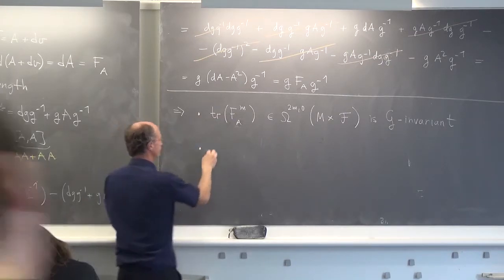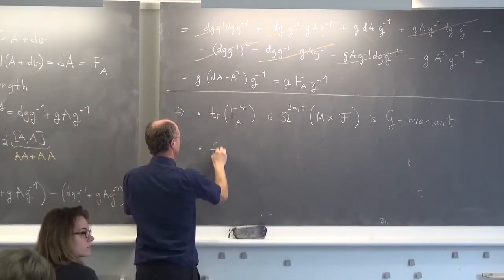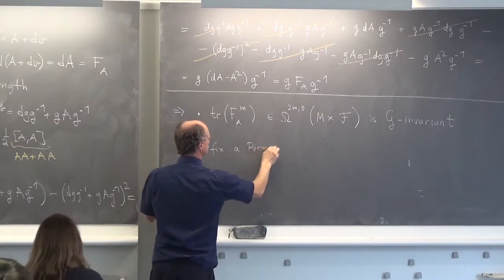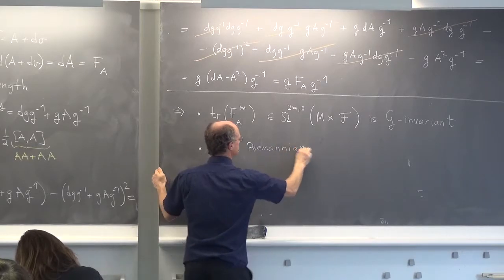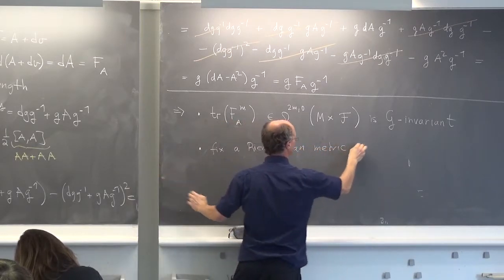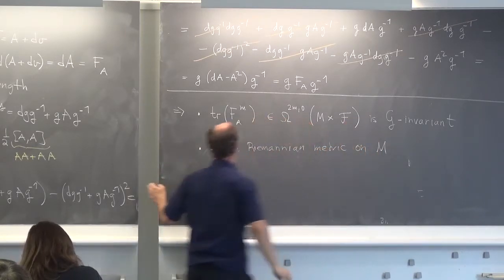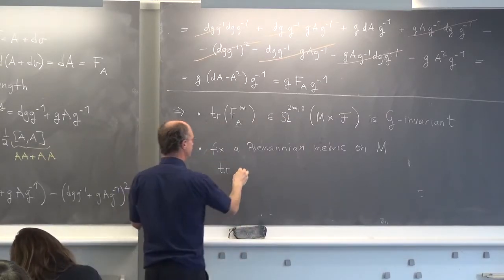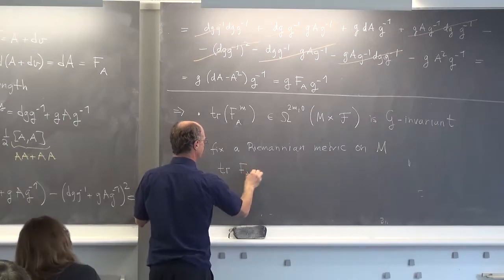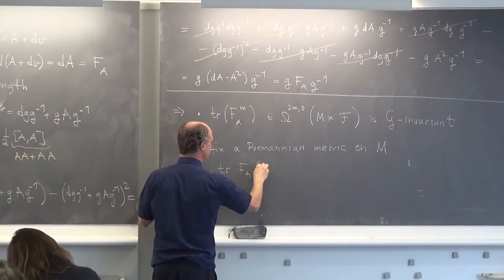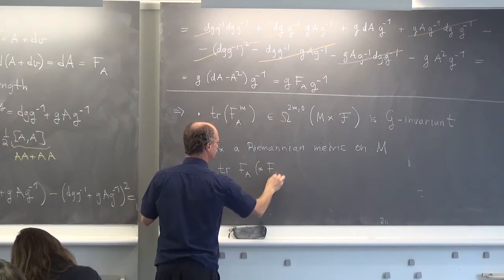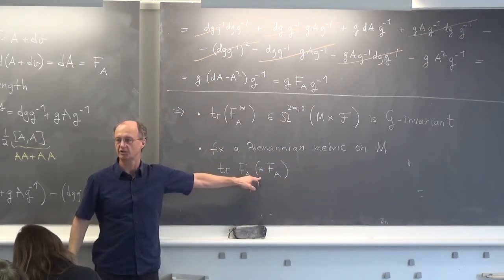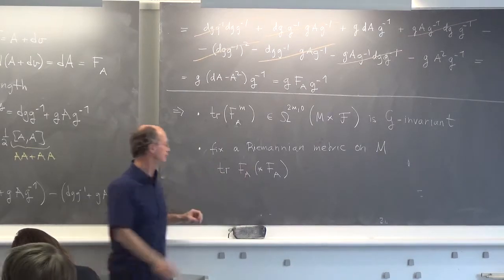Another important observation: fix a Riemannian metric on M and consider the trace of F_A times star F_A, where star is defined by the metric, so the Hodge duality.